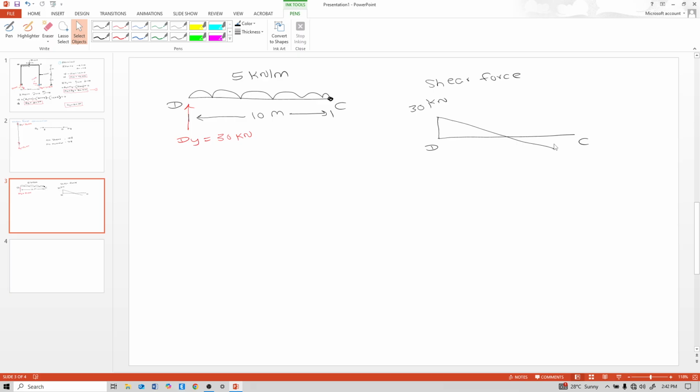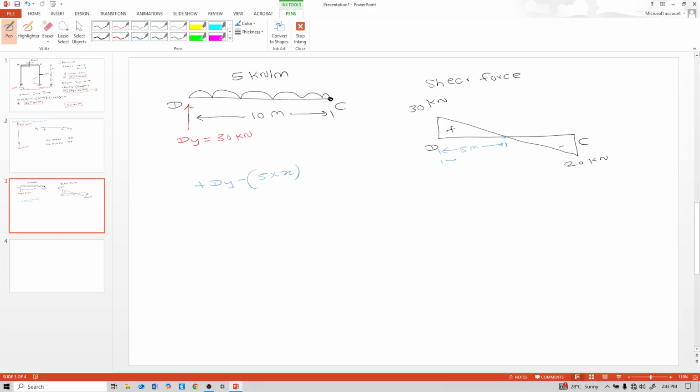This zero is at the center of this beam, so this is 20 kilonewton. I will show you that this point is at a distance of 5 meter. Why 5 meter? Because it is the center of this beam. Total length is 10 meter, center is at 5 meter. See, this positive Dy and minus 5 into x.